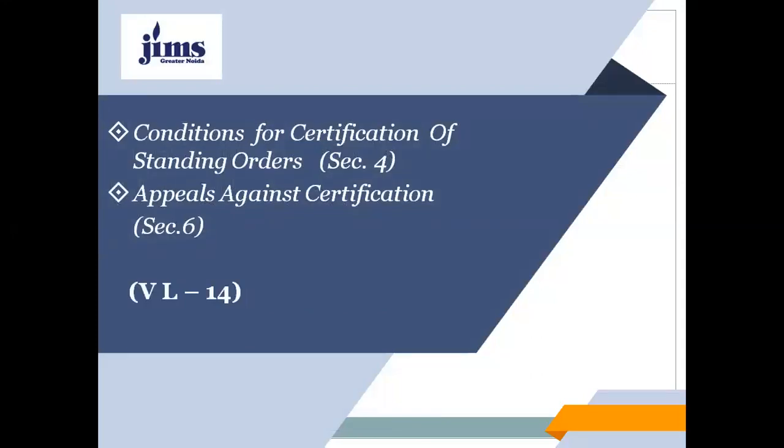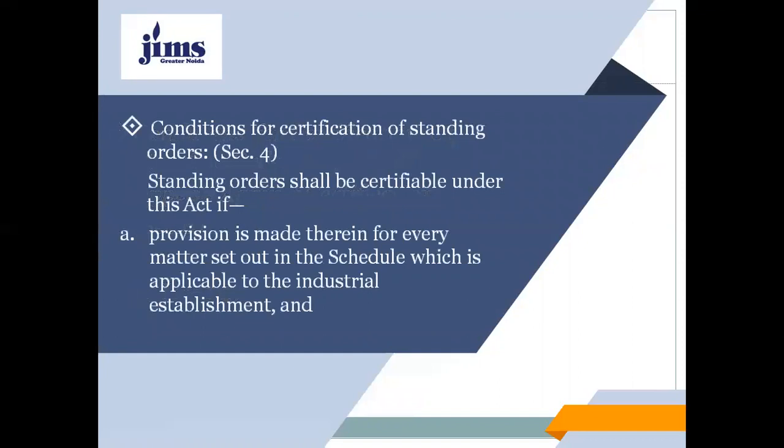We'll also discuss appeals against the certification: once there is an aggrieved party, maybe the workman, employer, or the trade unions or their representatives, aggrieved by the order of the certifying officer, then what is the remedy available to them? These two topics we will cover in today's lecture.